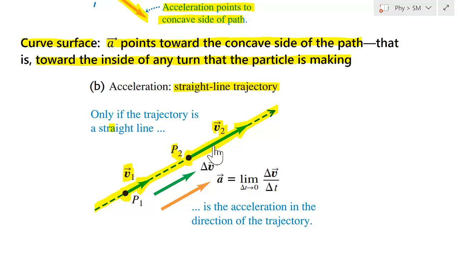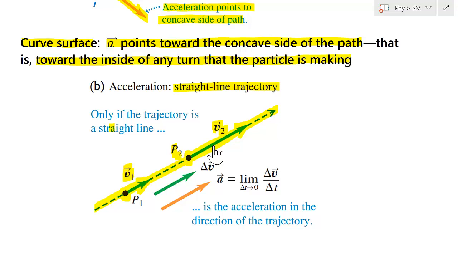So if I take the change in velocity vector, it will only change in magnitude. It will not change in direction. So when I calculate instantaneous acceleration, the direction of instantaneous acceleration is along the direction of motion, that is along the straight line.